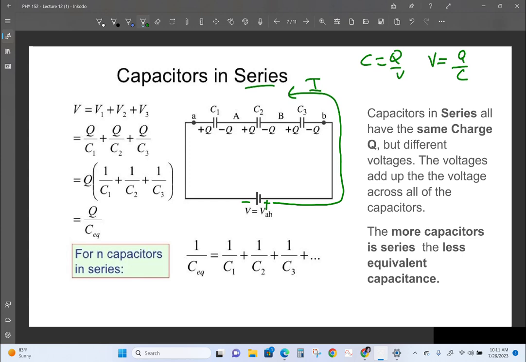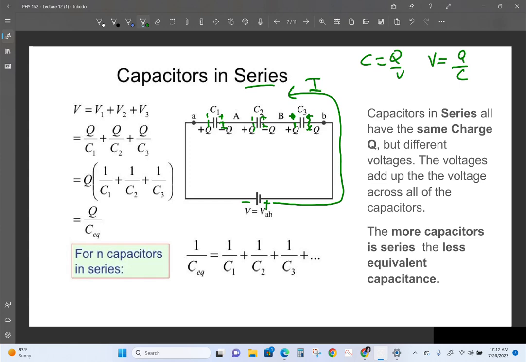Because this battery does not know that it's connected to separate devices. It's going to think of this as one capacitor, and electrons are going to build up on this side and induce a positive charge on this side, which will induce a negative charge on this side, which induces a positive charge on this side, which induces a negative charge on this side, and a positive charge on that side.